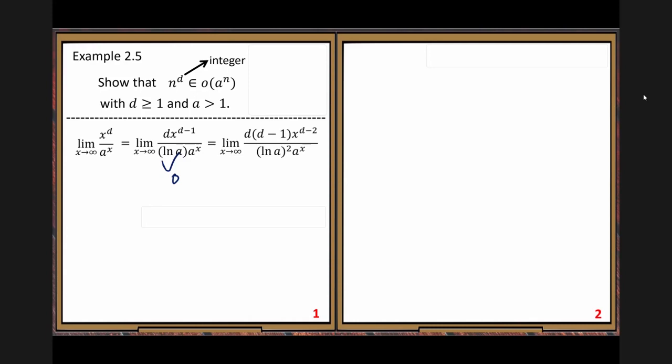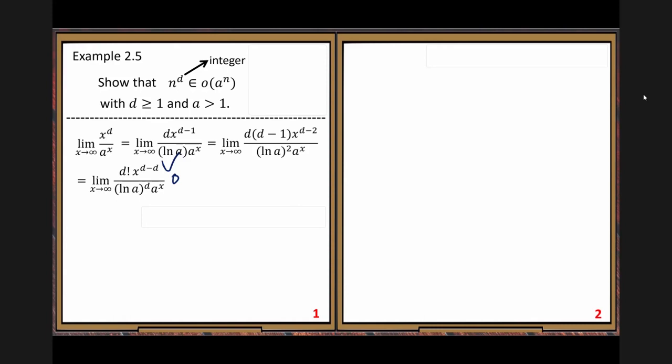But sooner or later, we reach the end. The last step, x to the d minus d: we apply it d times. So d factorial times x to the d minus d, that is x to the 0, which is 1. Then it won't be indeterminate. It is determined, right?